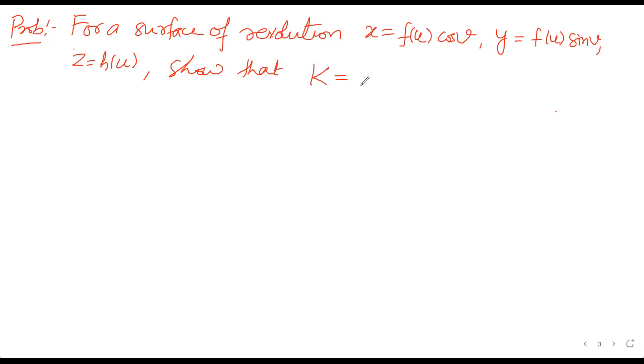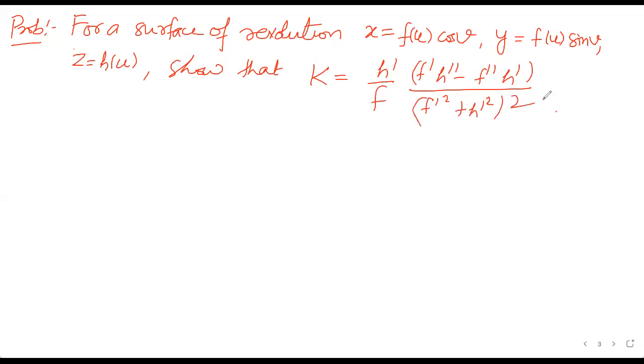Show that Gaussian curvature K is equal to h dash upon f, (f dash h double dash minus f double dash h dash) upon (f dash square plus h dash square) whole square. ये आपको शो करना है. डैश मीन्स व्हाट? डेरिवेटिव ऑफ f विद रिस्पेक्ट टू u, f डैश हो जाएगा, क्योंकि f जो है फंक्शन u का है यहाँ पे ऑल द टाइम, h भी फंक्शन u का है. So it is coming this.